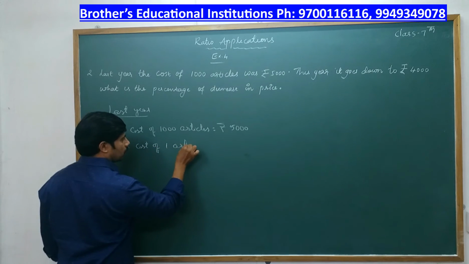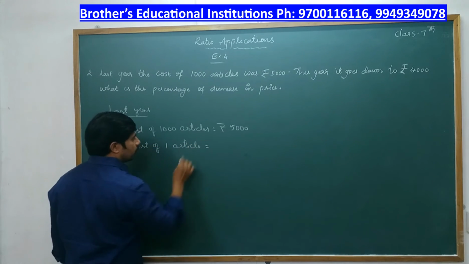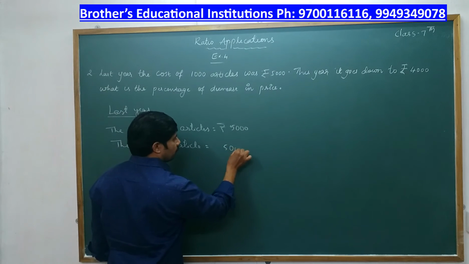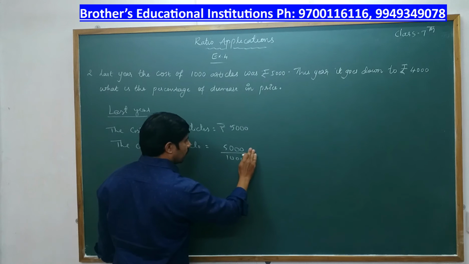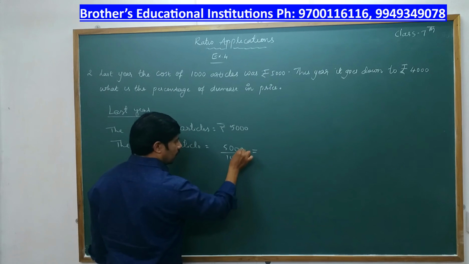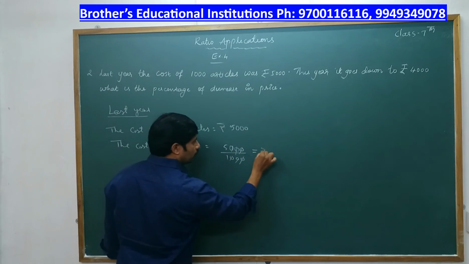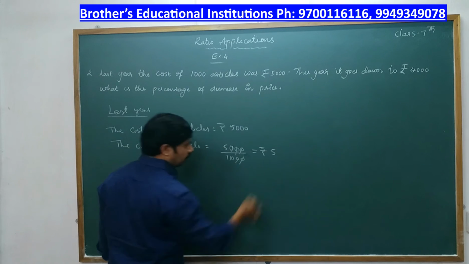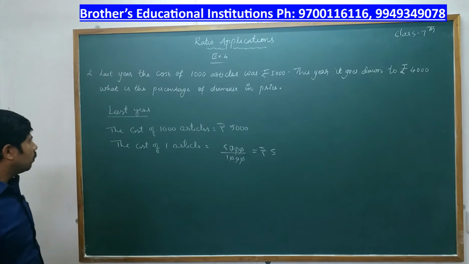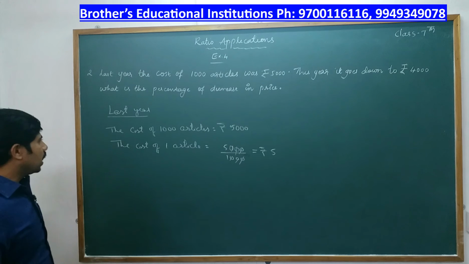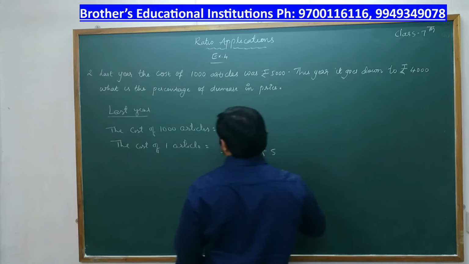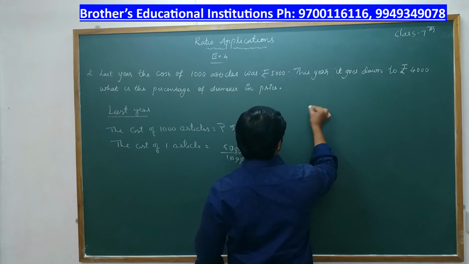Now we'll find out the cost of one article. The cost of one article will become 5,000 by 1,000. So we get the cost of one article as rupees 5. Now we'll see the present year. Last year is over. Now what is this year?